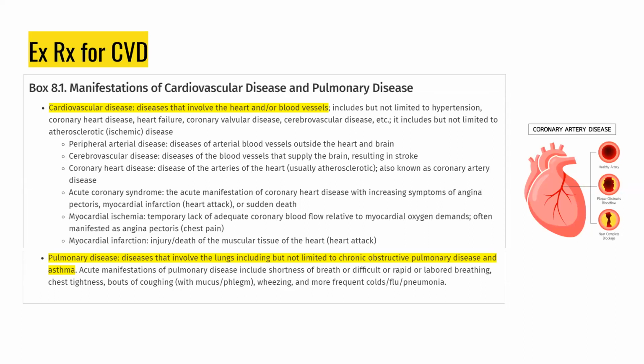It includes, but is not limited to, hypertension, coronary heart disease, heart failure, right? And all the following. Acute coronary syndrome, myocardial ischemia, myocardial infarction, all those fall under the umbrella of cardiovascular disease. In regards to pulmonary diseases, these are diseases that involve the lungs, including but not limited to chronic obstructive pulmonary disease, COPD, and asthma. So we're going to talk about these main two.